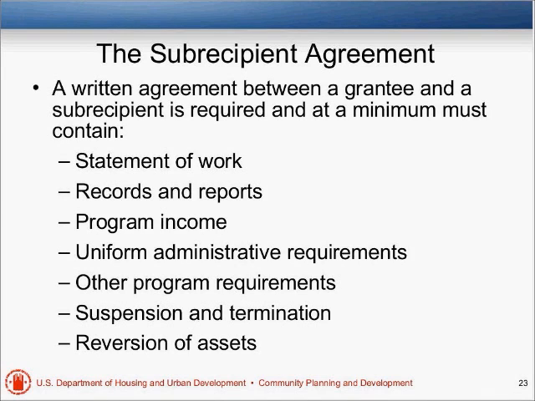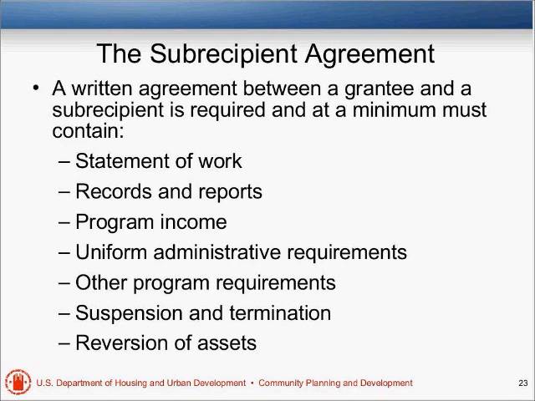Most of them are things that you would want even if they weren't minimum standards required by the rules, such as what they're going to do for you, what records and reports they have to send back to you, because you, of course, have to send records and reports to your funder, to HUD, how you're going to treat program income, which we're going to talk about in a minute, the fact that they have to follow the uniform administrative requirements, the OMB circulars, and other program requirements.